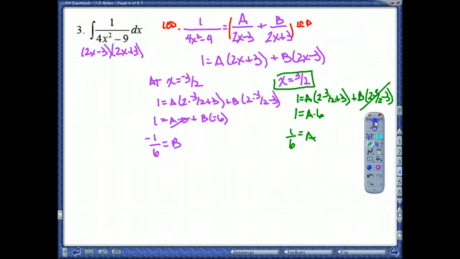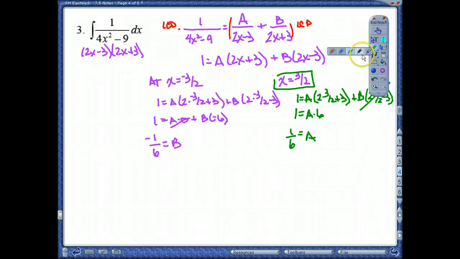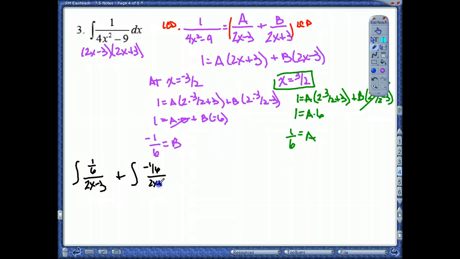So when I rewrite it, let me rewrite in black. I'm going to be taking the integral of a, which is 1/6, over what a was, 2x minus 3. And then minus, or plus rather, I'll do plus, and then b is negative 1/6 over 2x plus 3.